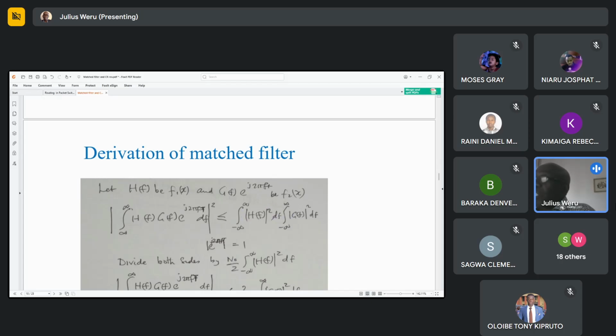And of course this only holds when this is a complex conjugate of this.